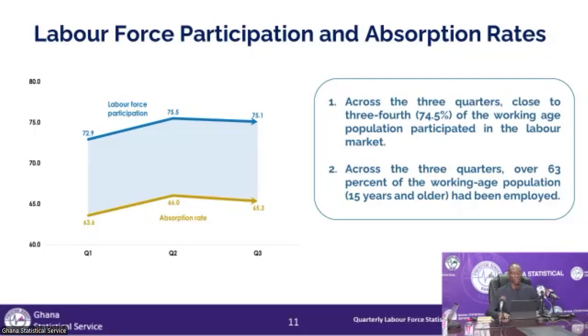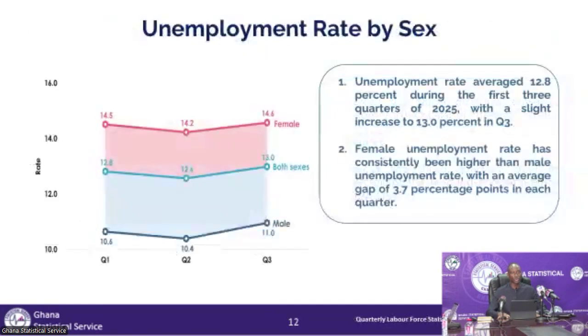Now, let's talk about unemployment rates. The overall unemployment rate averaged 12.8% across the 3 quarters, that's Q1, 2, 3 of 2025, reducing from 12.8% in Q1 2025 to 12.6% in Q2 of 2025, before increasing slightly to 13% in Q3 of 2025.